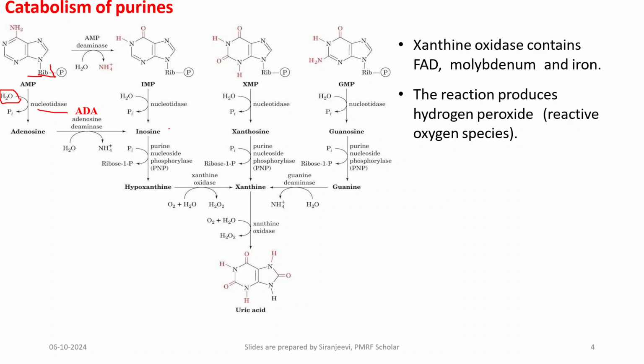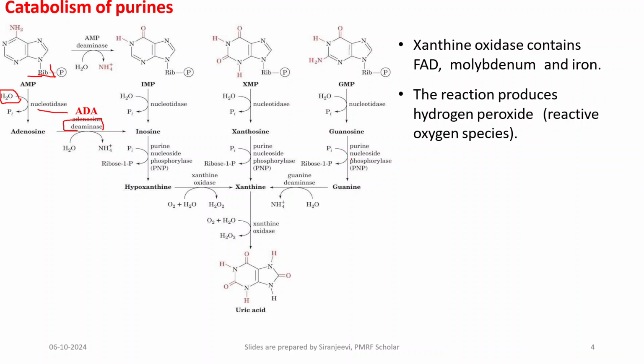And there is an enzyme here, adenosine deaminase. What it does is change adenosine into inosine. And in the same way, in the presence of purine nucleoside phosphorylase, respectively, it changes inosine into hypoxanthine, xanthosine into xanthine, and guanosine into guanine.